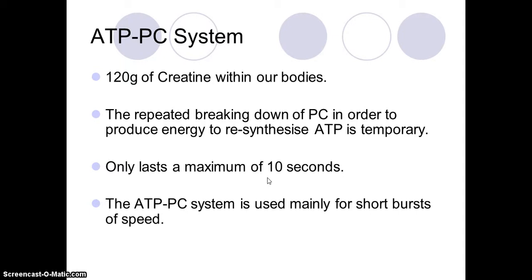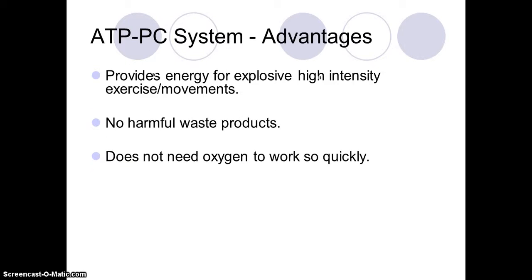So if I'm doing the 100 meters, I'd be using my PC system if I'm Usain Bolt for those 10 seconds, and then I would exhaust those stores of phosphocreatine within that 10 seconds, and then it wouldn't be until I've stopped the 100 meters that I then start to replenish that in the sarcoplasm.